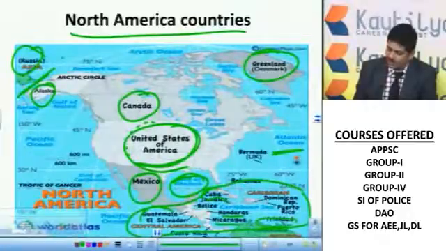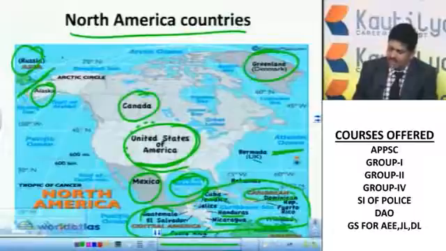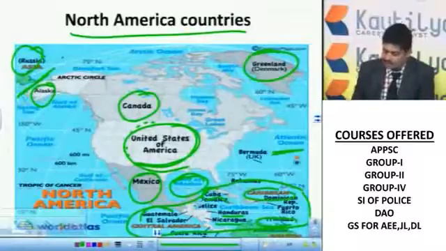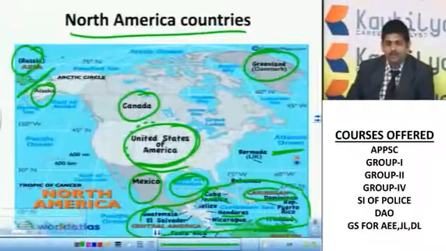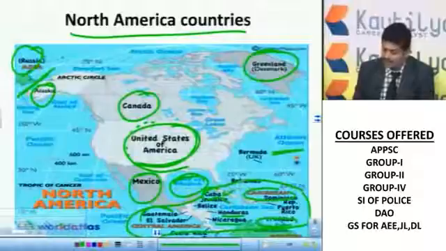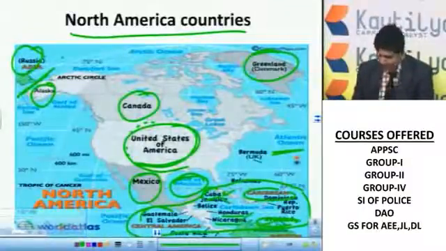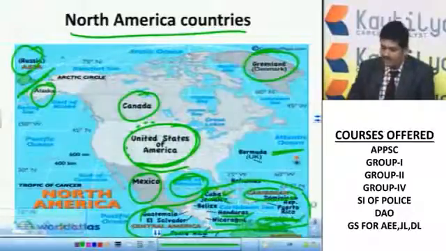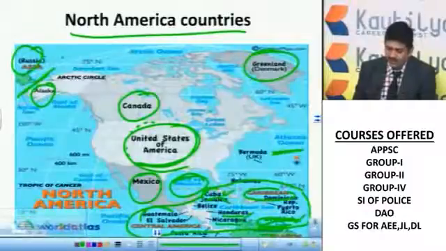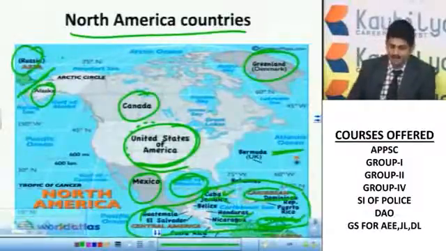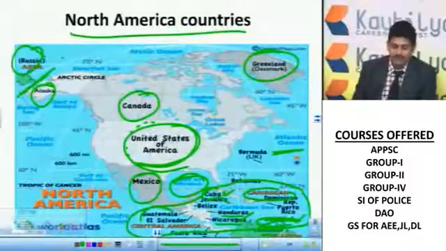All these are Caribbean islands. If you watch cricket keenly, you can get this Jamaica, very popular cricketers are there, and from Nicaragua, some popular cricketers are there. Trinidad is there. A lot of countries are there, and you can see Venezuela also. However, we'll discuss these in the South American continent.